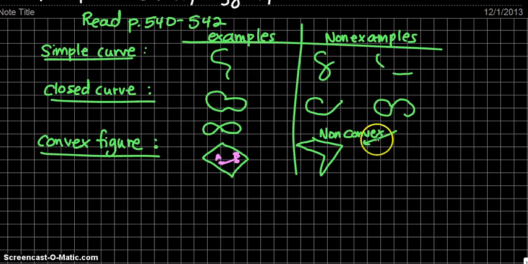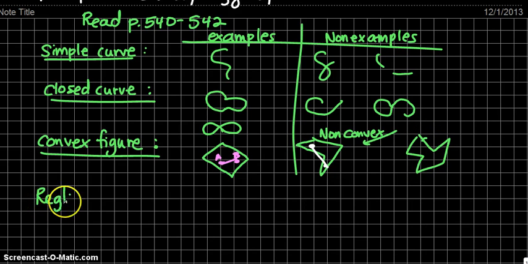If I follow my line example, if I draw 2 points, I could draw a line that goes outside the figure. So not an example, not an example. Whenever it goes into itself, it's not convex.